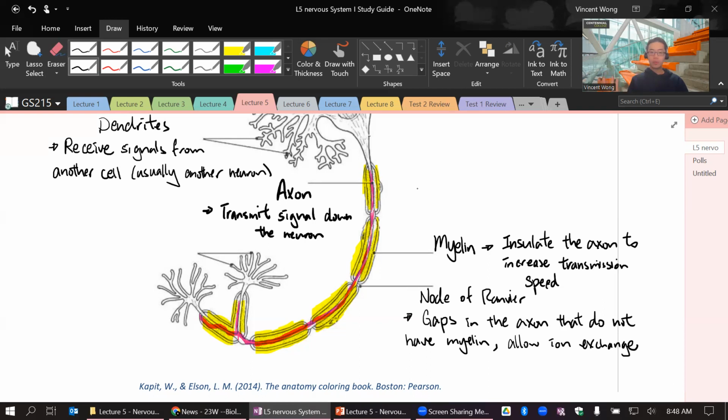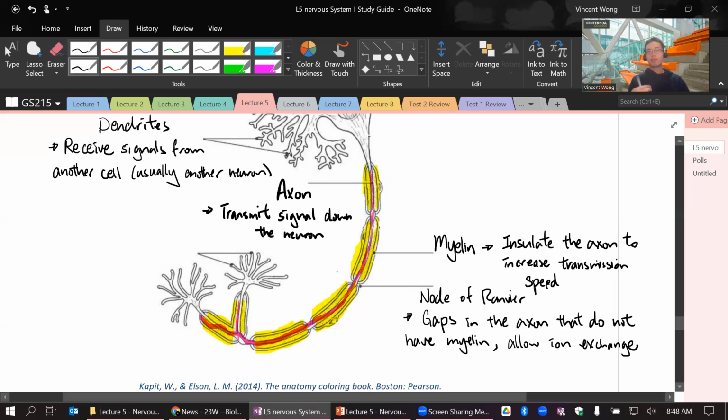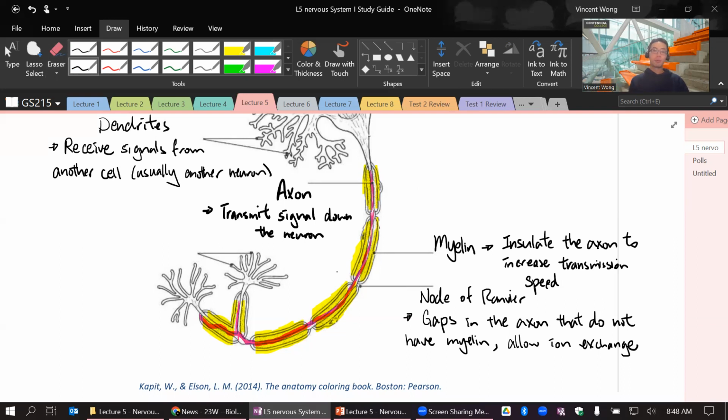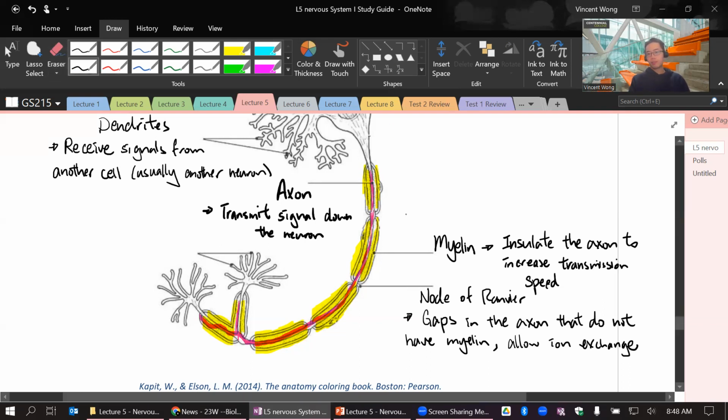And you slowly lose the ability to move certain parts of the body, for example. And if the neuron is responsible for connecting to your breathing muscle, let's say, and you lose the myelin in those, then the person will have difficulty breathing, right? That's why it's a fatal condition to have.